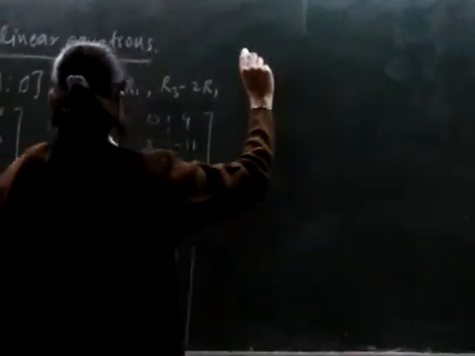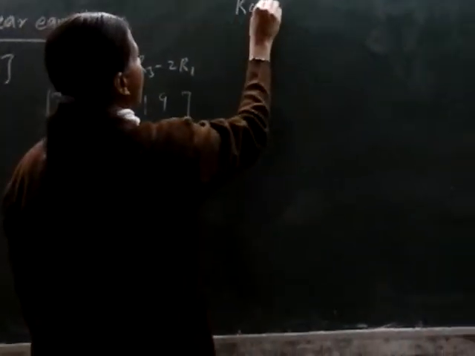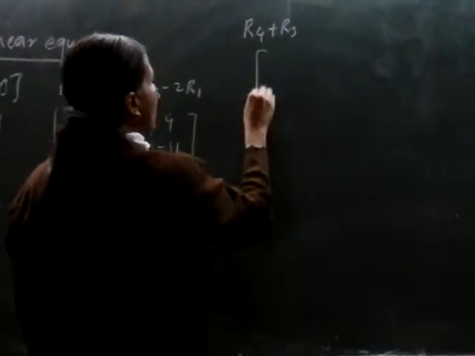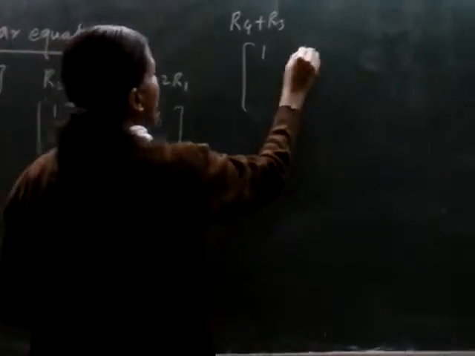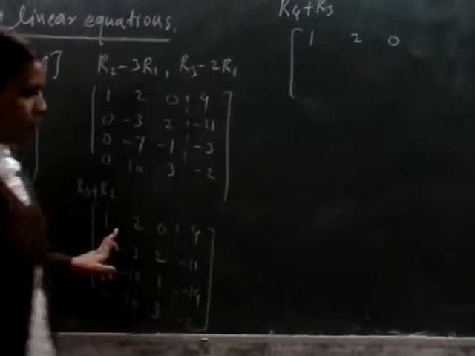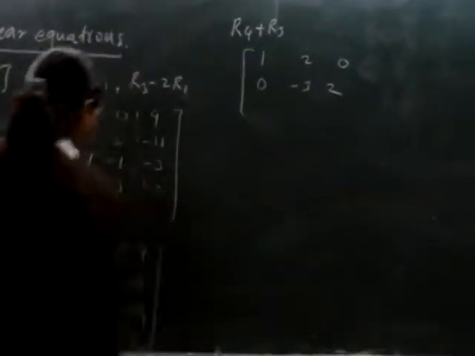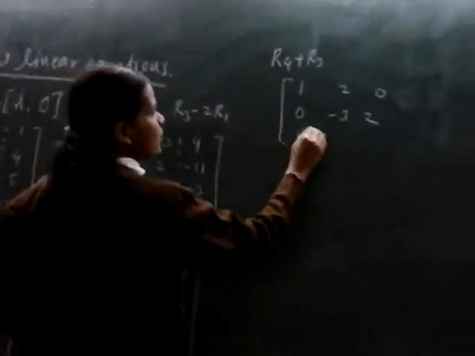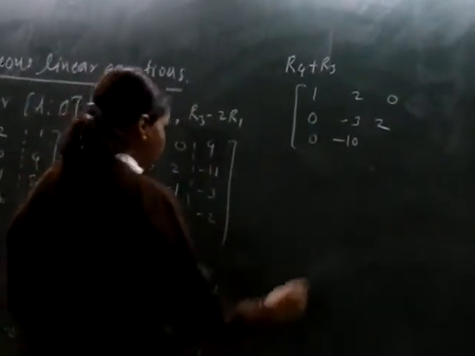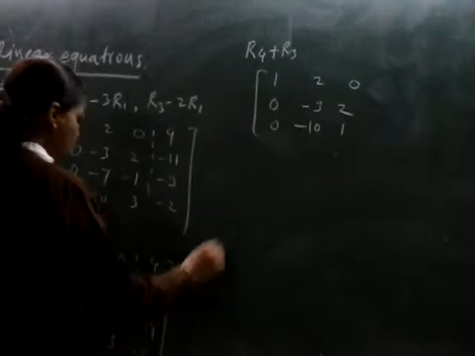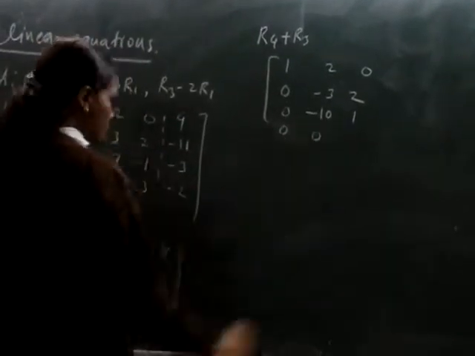So next operation now we are doing R4 plus R3. That is 1, 2, 0. Next is 0, minus 3, 2. Next is 0, minus 10, it is 1. Next is 0, 0.